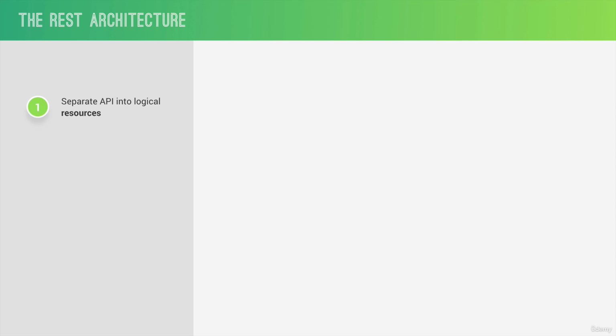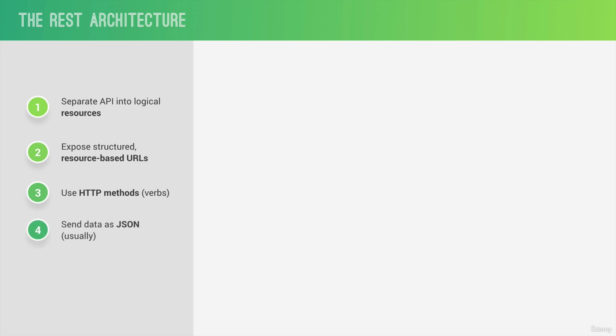These resources should then be exposed, which means to be made available using structured resource-based URLs. To perform different actions on data, like reading or creating or deleting data, the API should use the right HTTP methods and not the URL. Now, the data that we actually send back to the client or that we receive from the client should usually use the JSON data format, with some formatting standard applied to it.